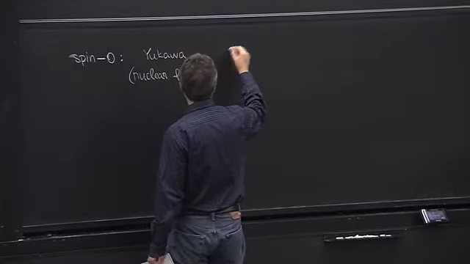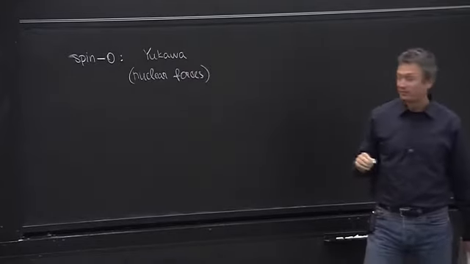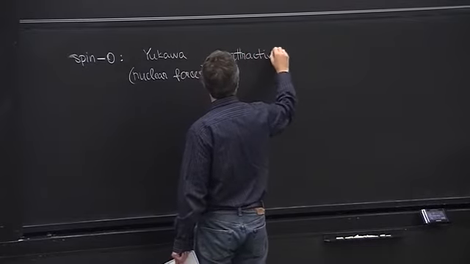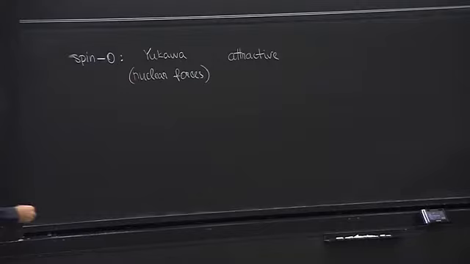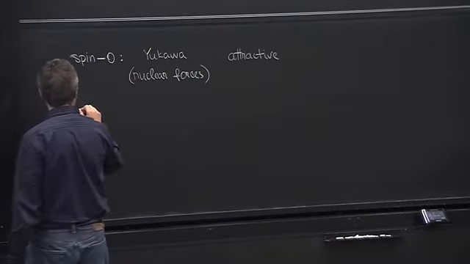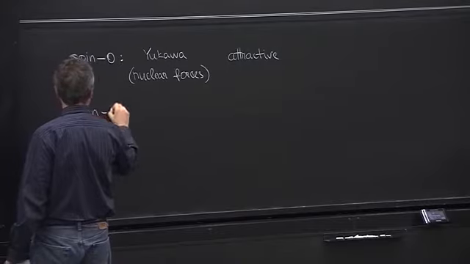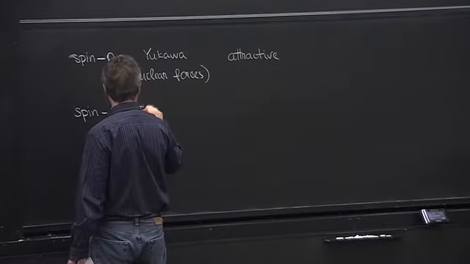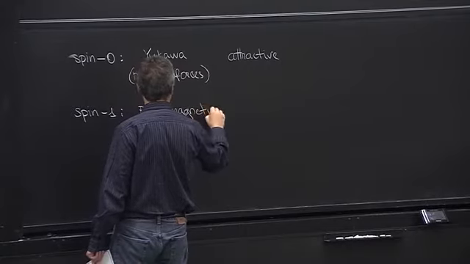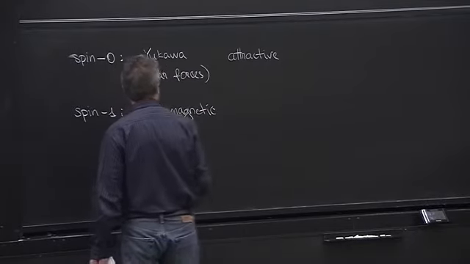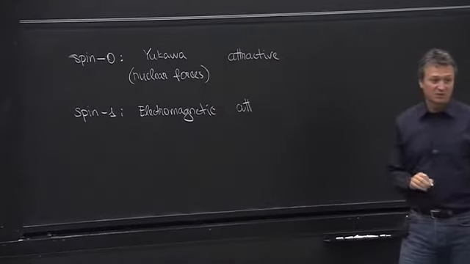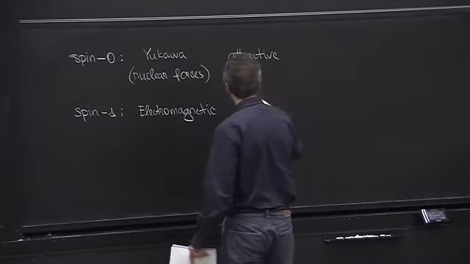So the interactions are universally attractive. If the mediator has spin 1, as in electrodynamics, the Coulomb potential can be both attractive and repulsive, depending on what sign of charges we consider.